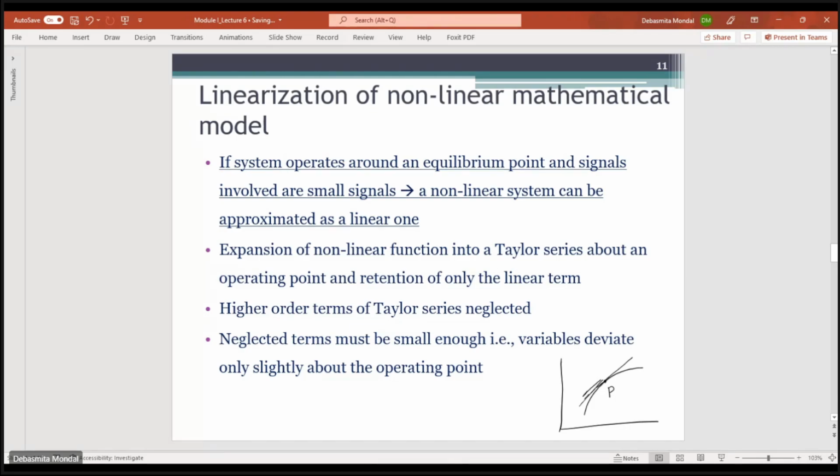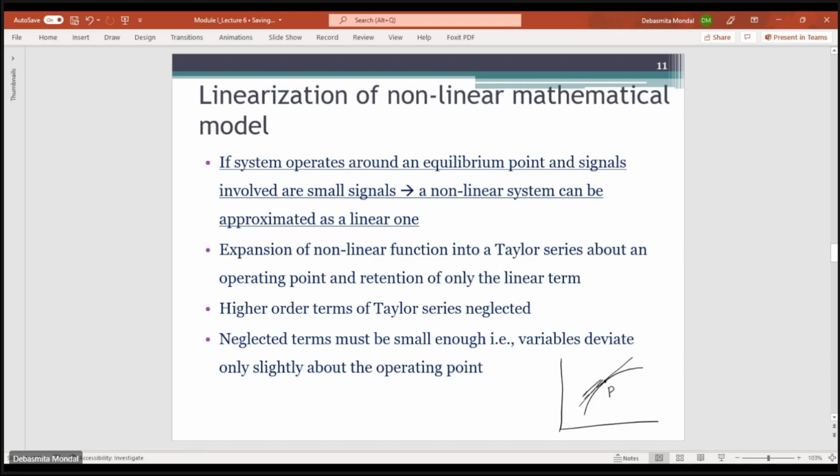That means the input output relationship can be linearized, or can be considered to be a linear function in a very small region about this point. Okay, so that means a smooth curve differs very little from its tangent line, as long as the variable does not move far away from this point of tangent.